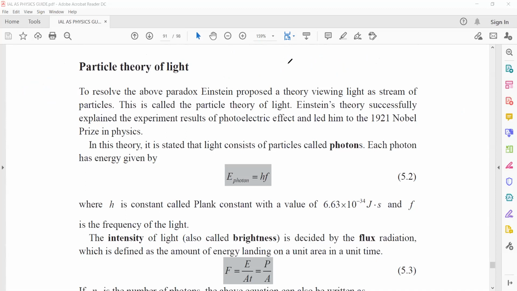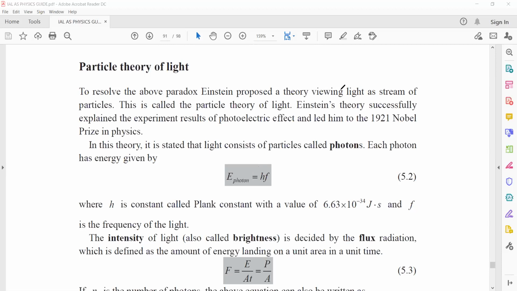This can only happen if there is a wave. But the photoelectric effect cannot be explained by wave nature, it can only be explained by particle nature. So some scientists gave theories about the particle nature of light, some gave theories about the wave nature of light.